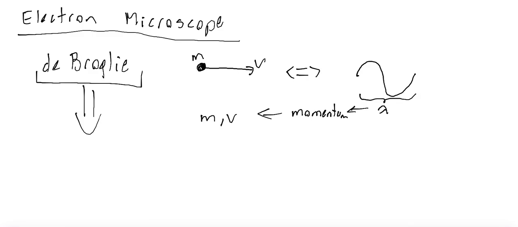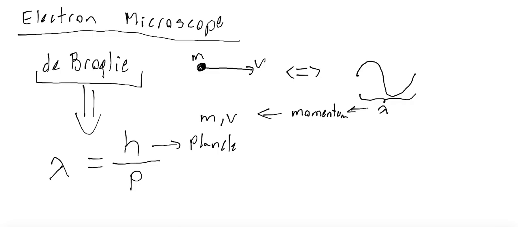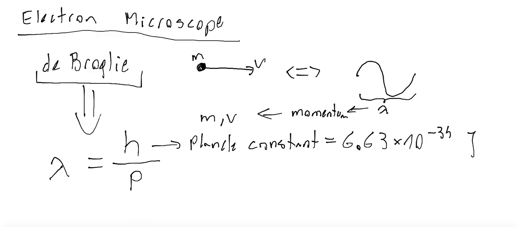Okay, and he said that each particle has a wave of wavelength, lambda is the symbol of wavelength, which is related to a constant called Planck's constant, and this parameter called momentum, where the Planck constant, as I said, is equal to 6.63 times 10 to the power of -34 joule second.